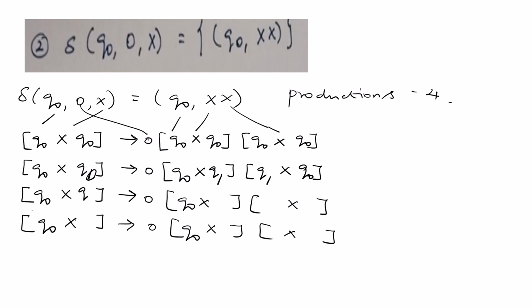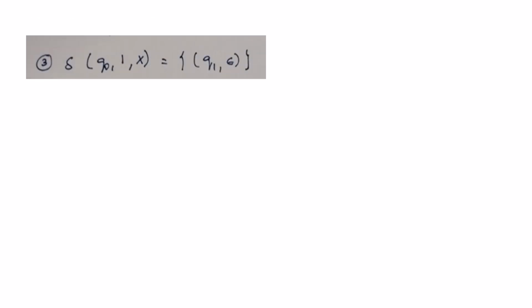Now we are going with Q1 here. Here is also Q1. Here Q1. Then the next possibility is taking Q0 here and here also Q1 and Q1. This is the possibility of the next four productions we obtained by this transition. So we'll go for the next transition.